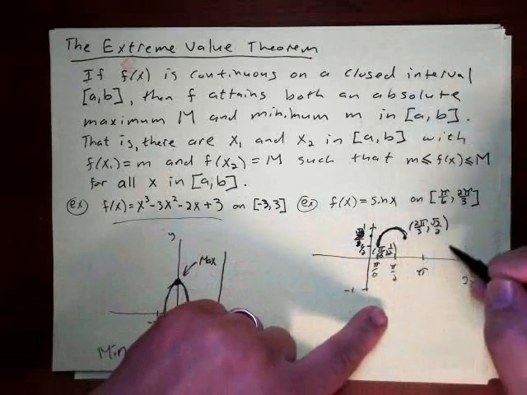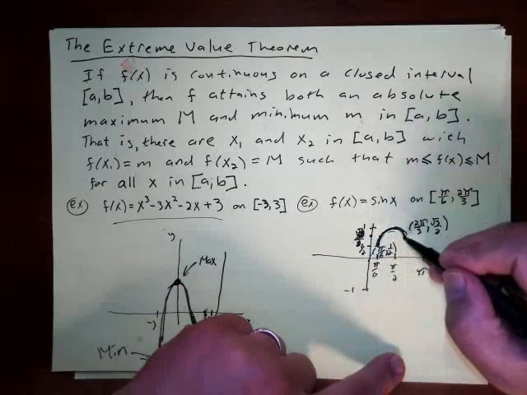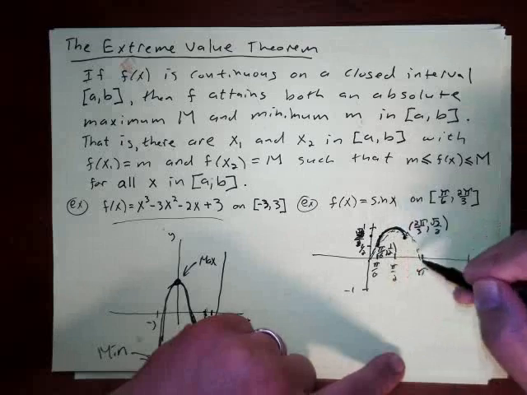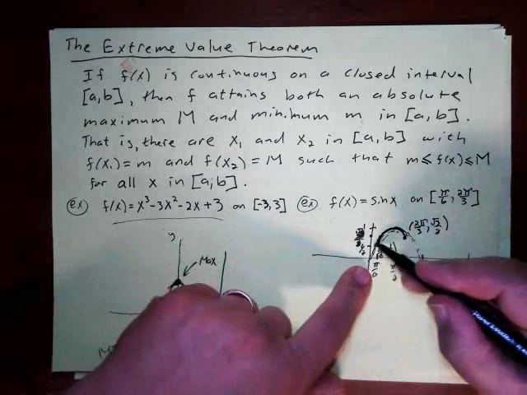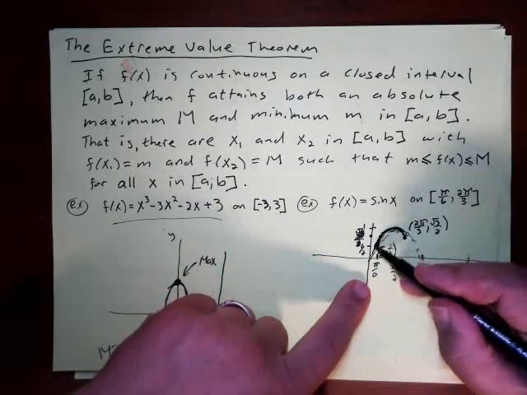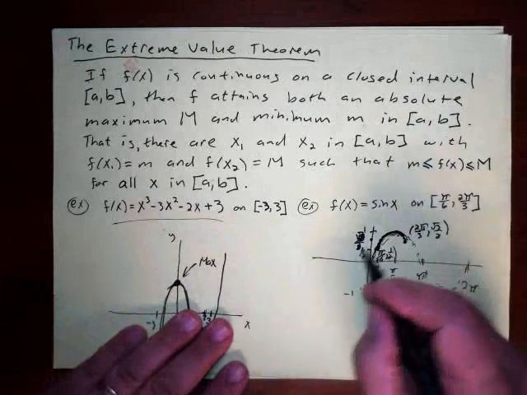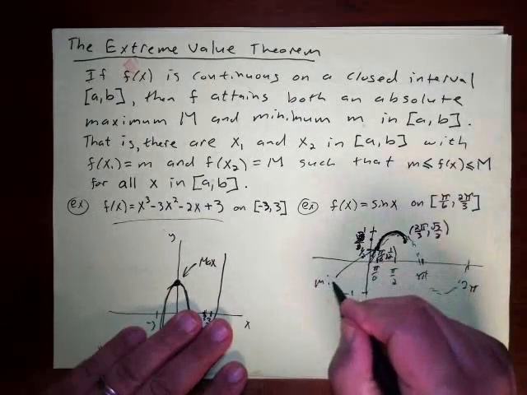Okay. And maybe I should have just done the whole graph so you could see this. You know, I didn't do very good. It would look kind of like this, right? This is what it would look like, and then I have this portion of the graph. Okay, so the minimum for that on this closed interval would be right here.